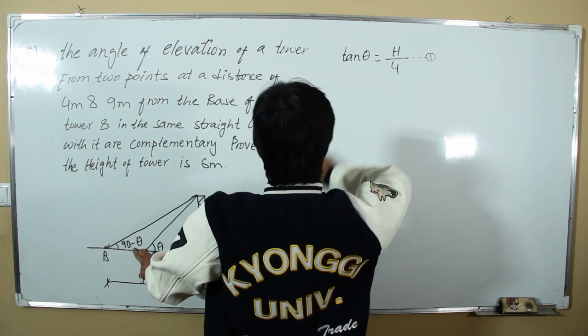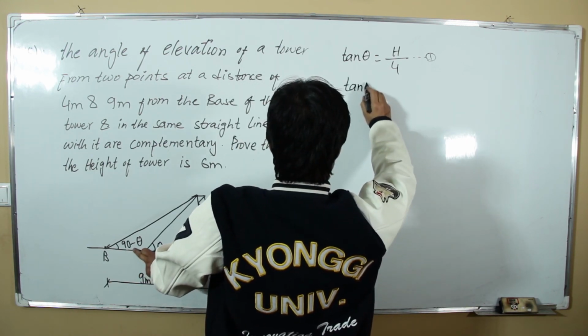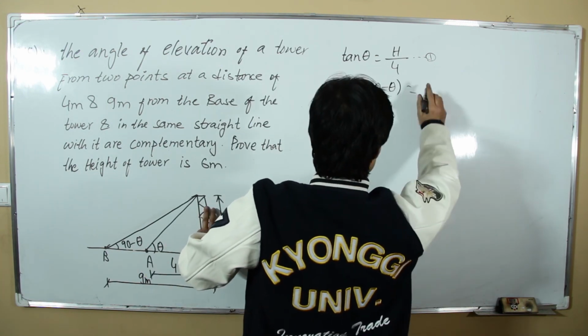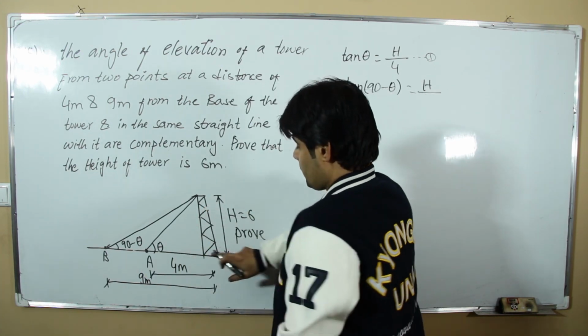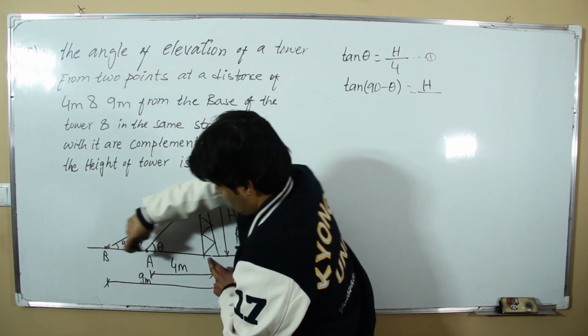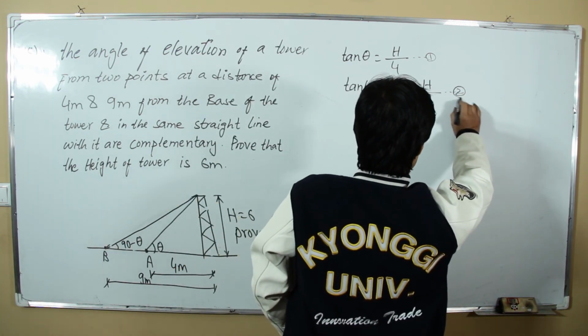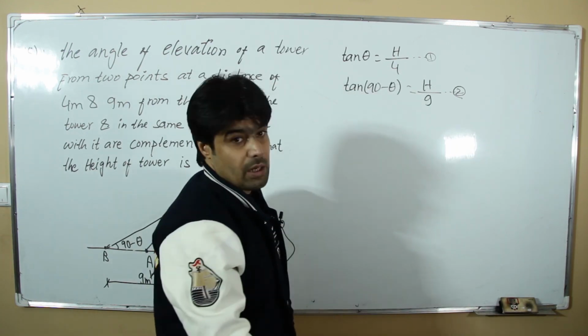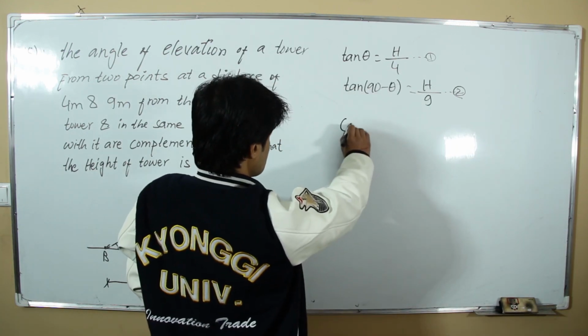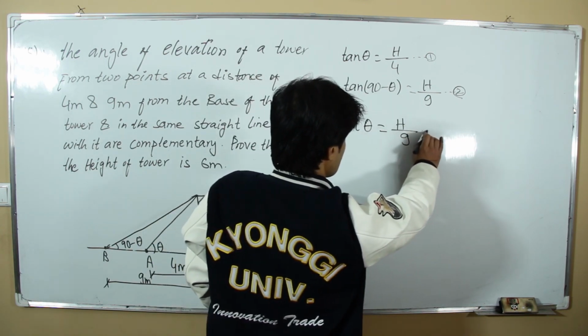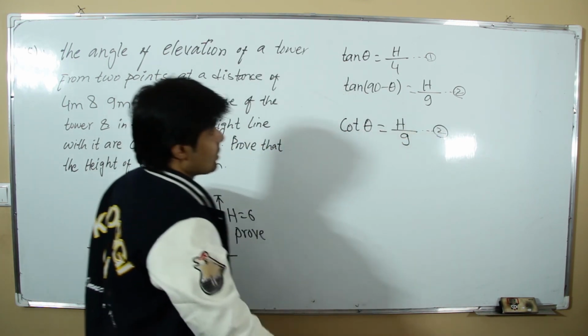Second, I will define tangent of 90 minus theta. It is h divided by this adjacent line, which is 9. And you know tangent of 90 minus theta is cotangent of theta, which is h divided by 9. This is our second equation.